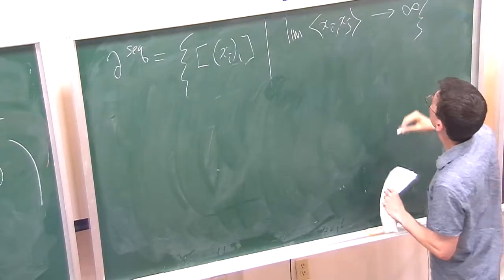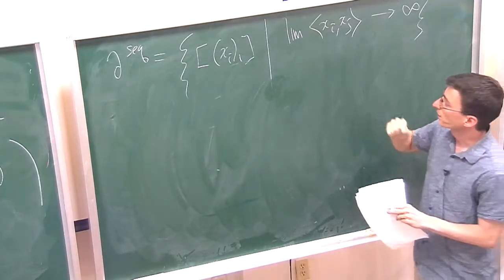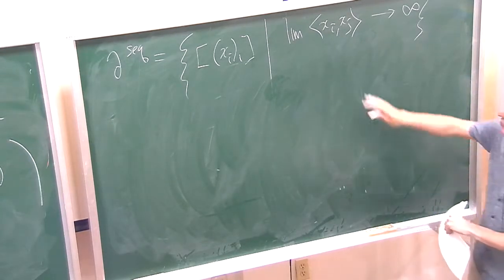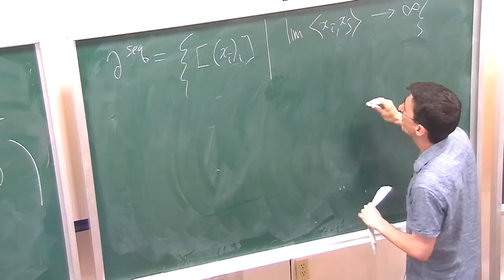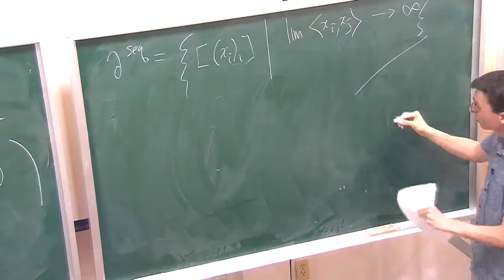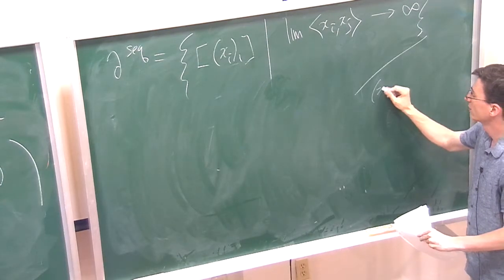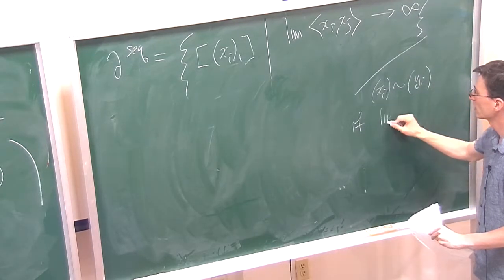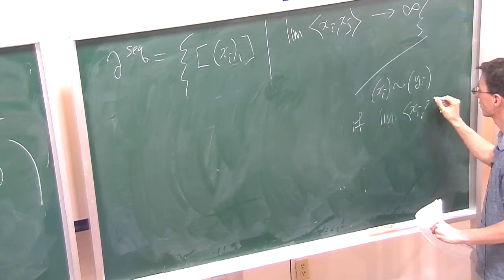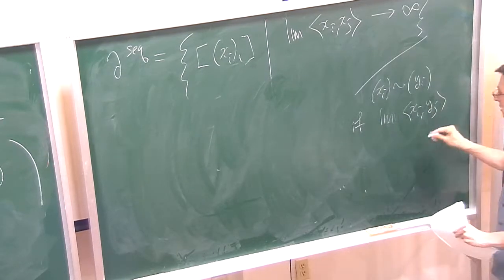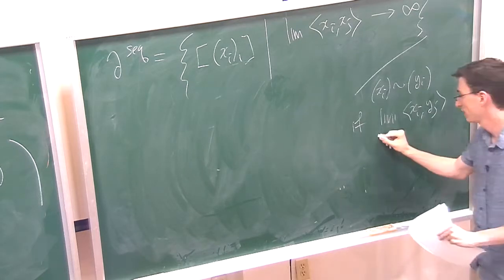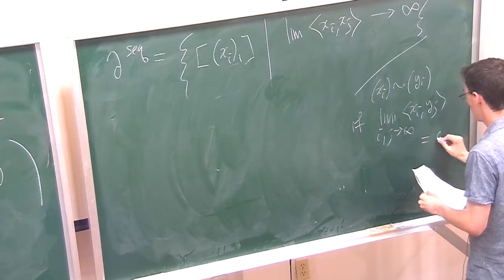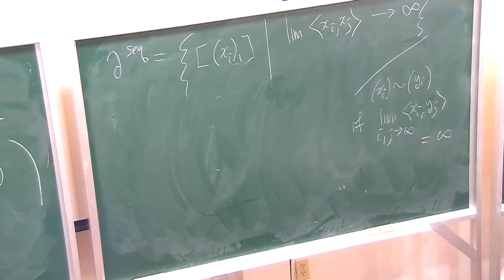So we're going to only consider sequences that actually go off to infinity together, so they share a geodesic for a while. And then you mod out by: x_i relates to y_i if the limit of the pairwise Gromov product (x_i, y_j) as i and j go off to infinity is infinity.